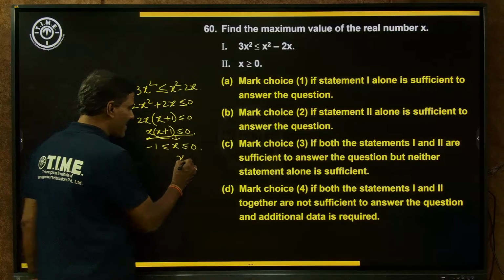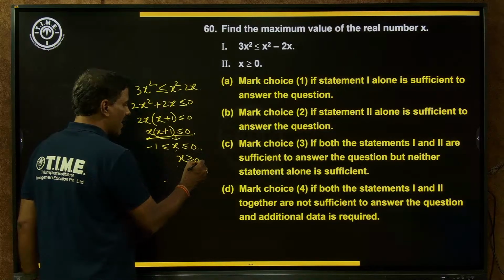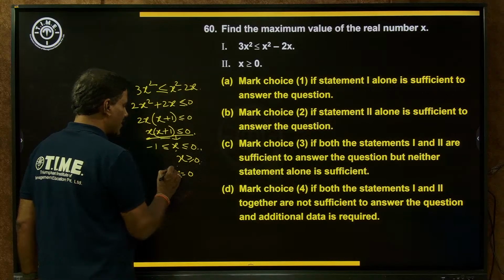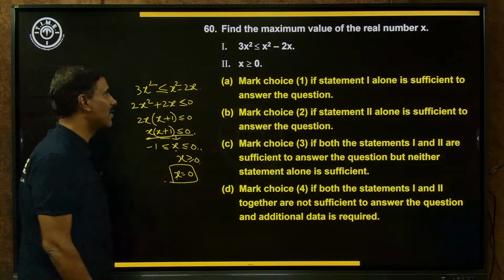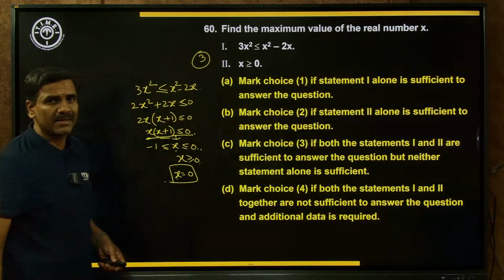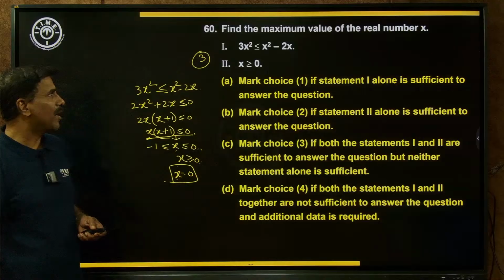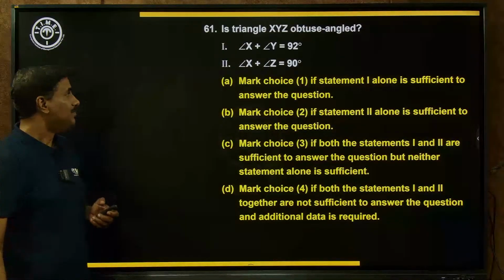But if we combine the two, x should be less than or equal to 0 and x should be greater than or equal to 0. That means x is equal to 0 is the maximum value it will be reaching. Beyond that, it won't be going. So the combination of the statements is sufficient for answering the question. So answer should be what? Choice 3. Let's move on to the next question.